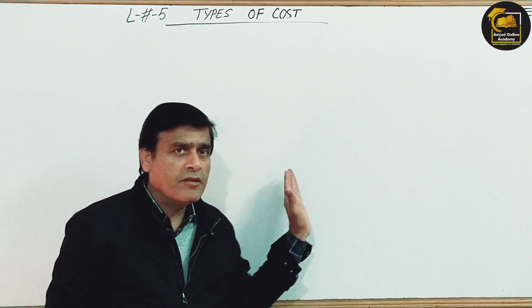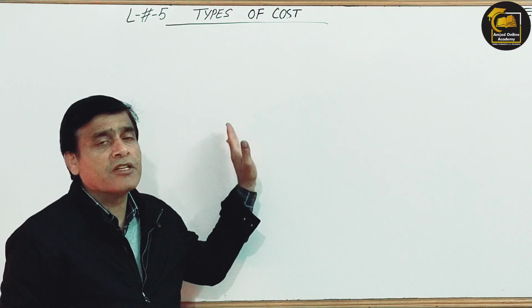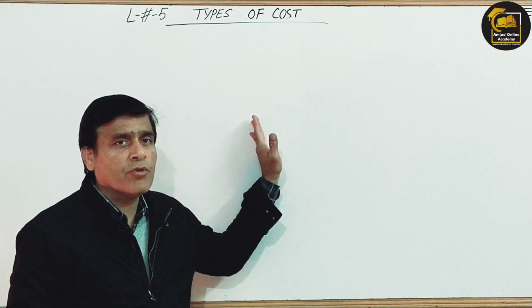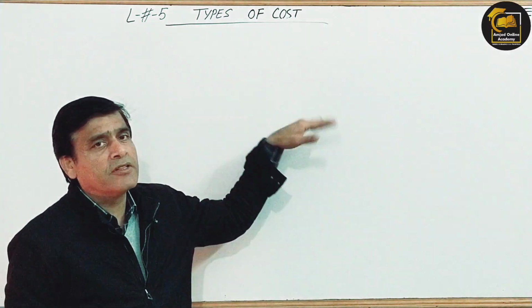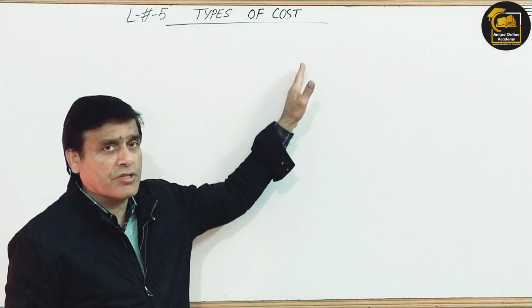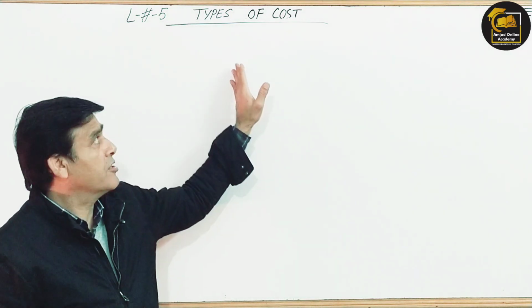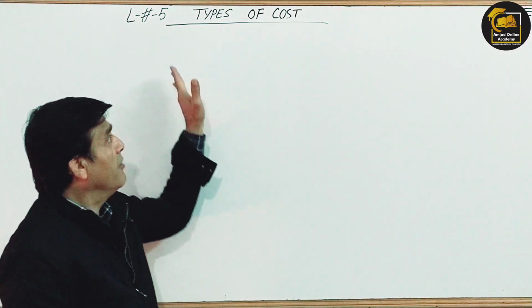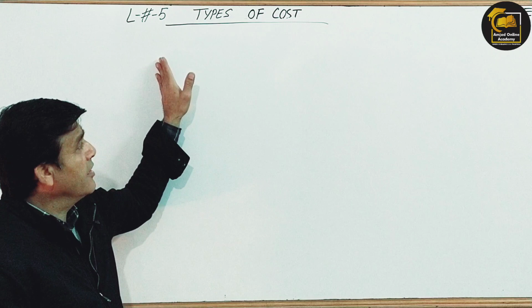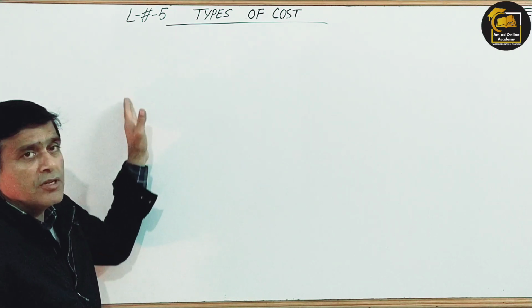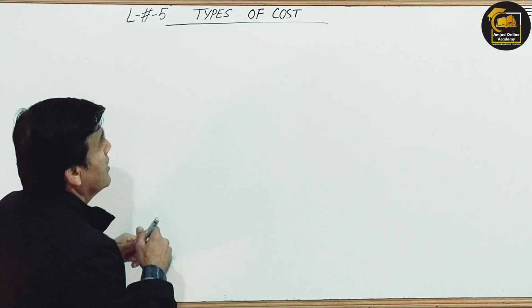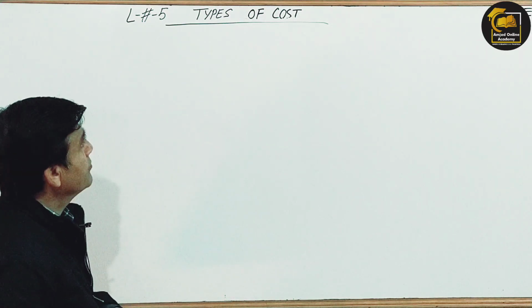So I will take those which are very relevant and important from your examination point of view and your subject point of view, which will help you to solve further problems and practical questions. I will go in sequence, classification 1, 2, 3, 4, like this. So let's start.